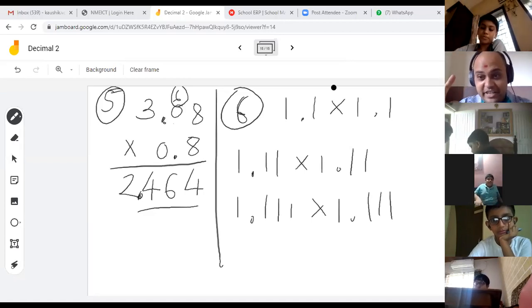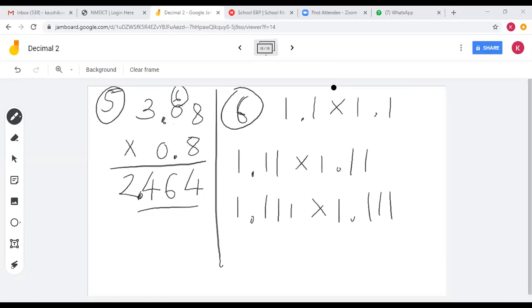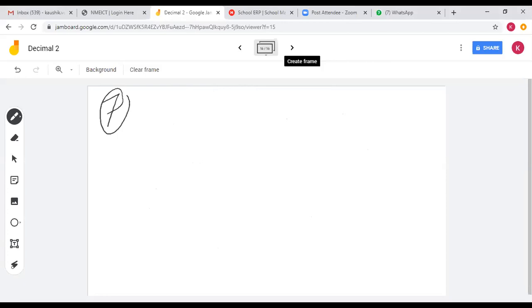Okay, be very careful with this one. Okay, number 7, 1.534 into 1.23. Okay, this number 7, example number 7 is a special one.